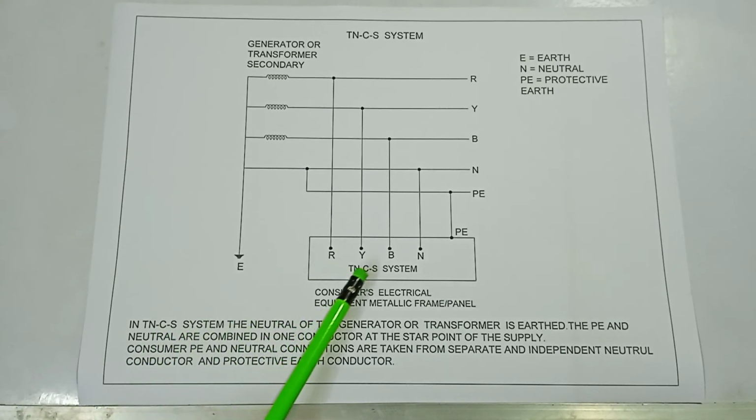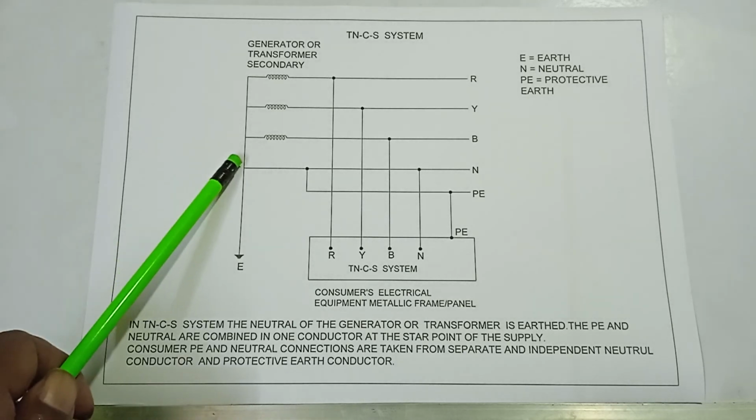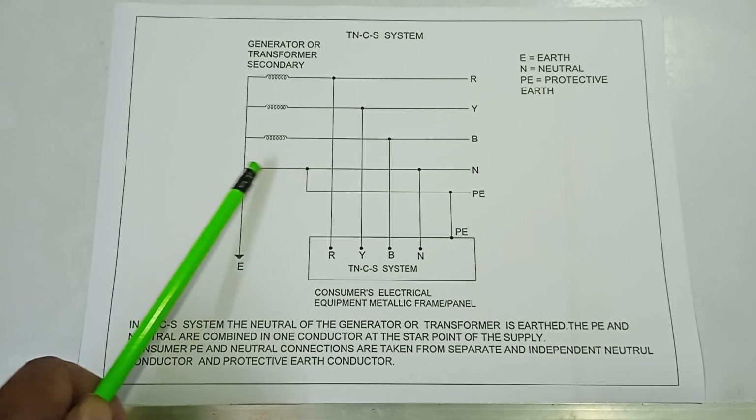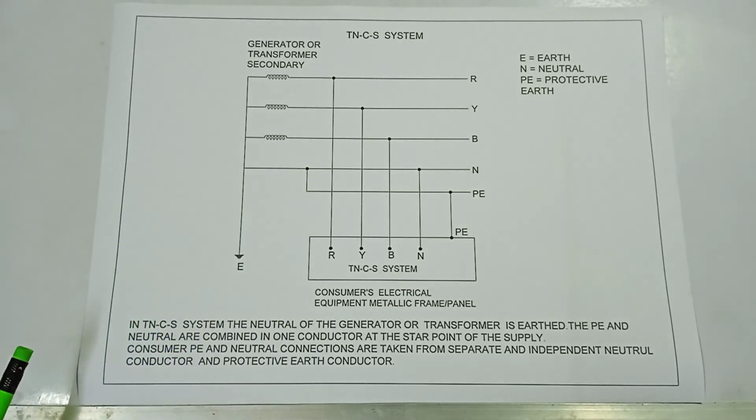This is the TNCS system. In the TNCS system, the neutral of the generator or transformer is earthed. The PE and neutral are combined in one conductor at the start point. This is the combined conductor at the start point of the supply.